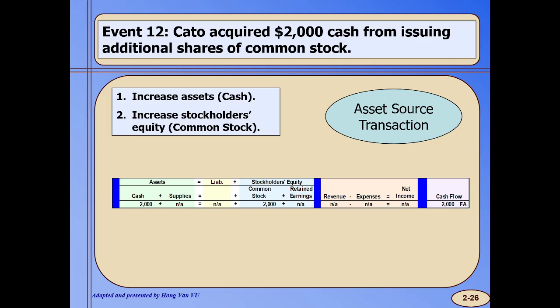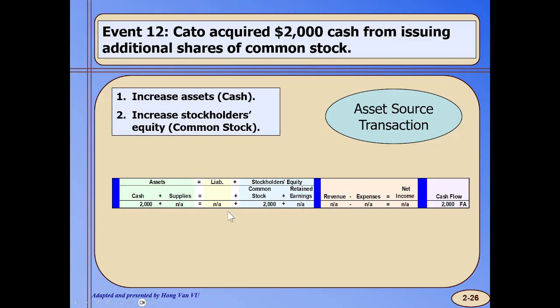Transaction number 12, the company acquired 2,000 cash from issuing additional shares of common stock. This transaction increases the cash asset account by 2,000. It also increases the common stock stockholders' equity account by 2,000.